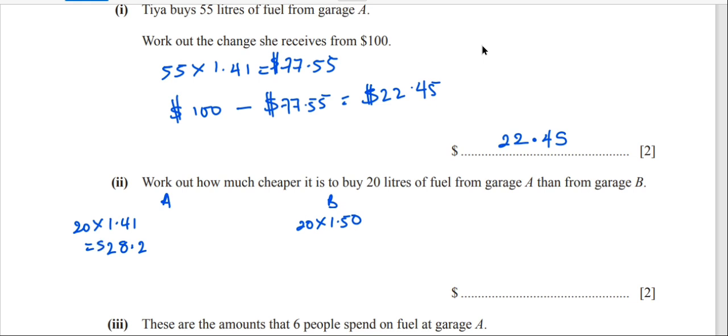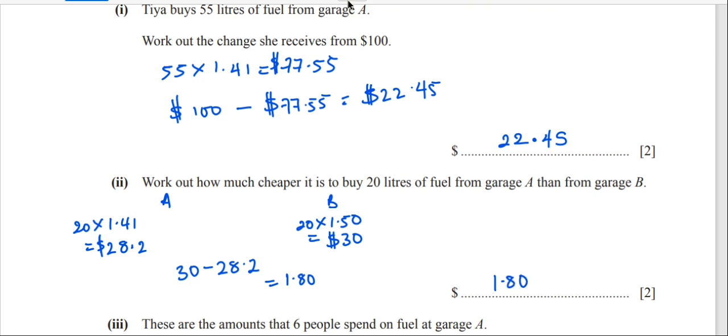So $28.2. While here will give us $30. Okay. So for you to know how much cheaper, all you need to do is to say 30 minus 28.2, which will give us 1.80. Right. So that's how we solve that.